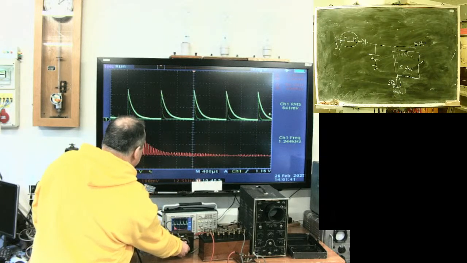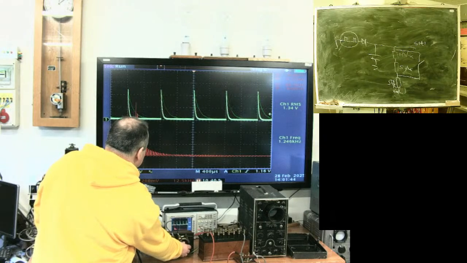Fast change, wide spectrum. Slow change, narrow.